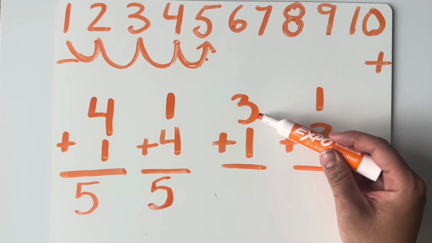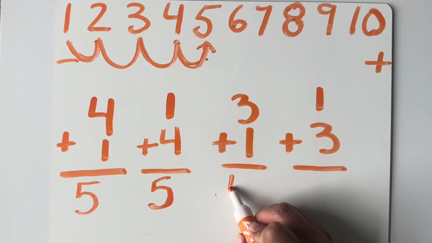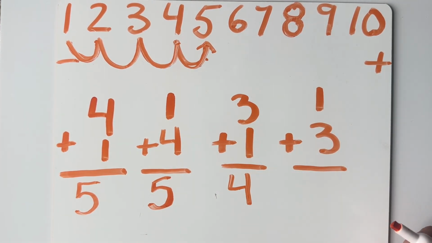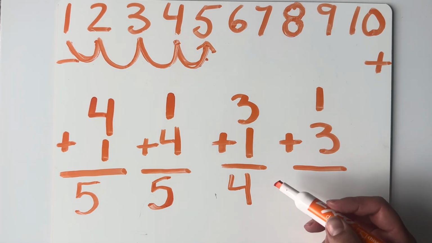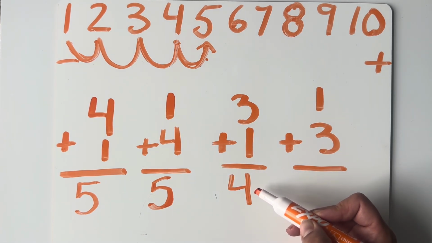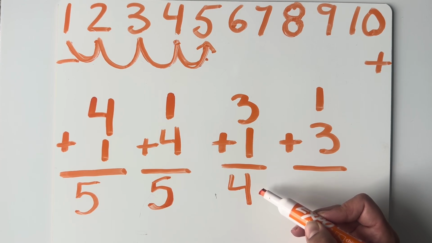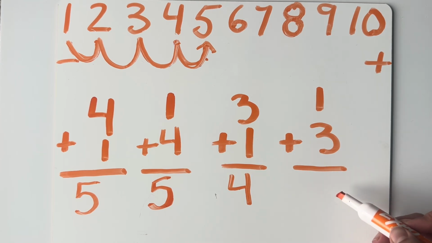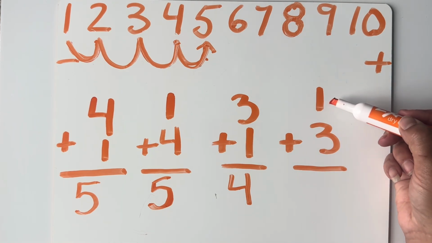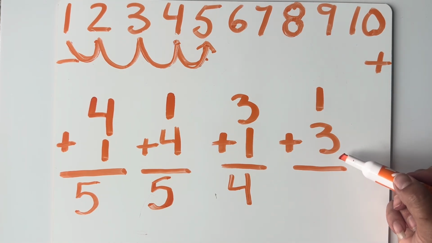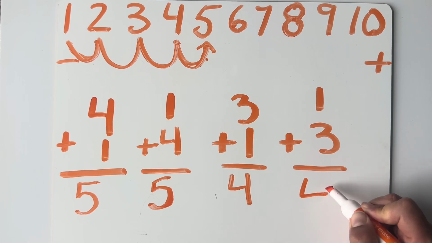Yes. So 3 plus 1 equals 4 because 1 plus a number is the next number. If I put 1 on the top of 3, it's still 4.